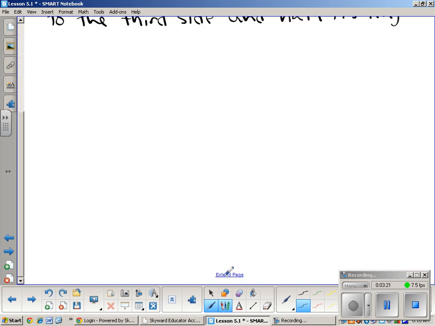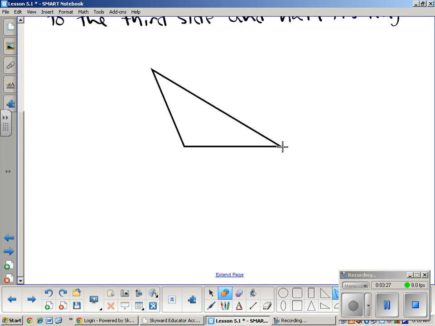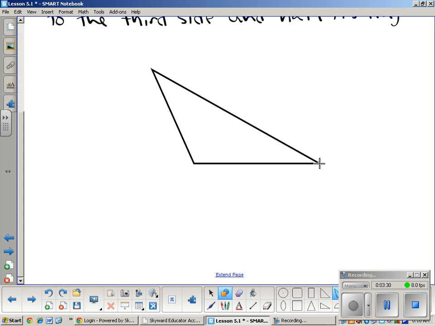So, if I put a triangle on here, so here's my triangle ABC. What do these marks I put in red here mean on this line right here?